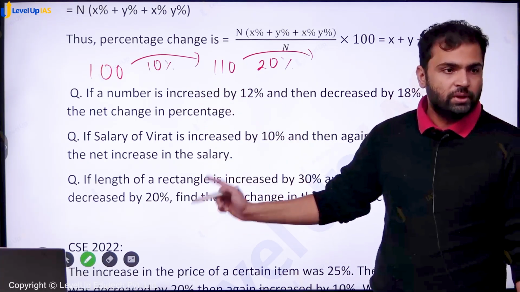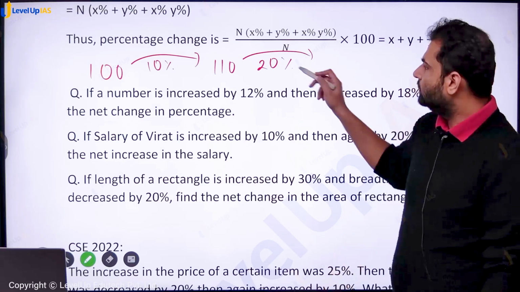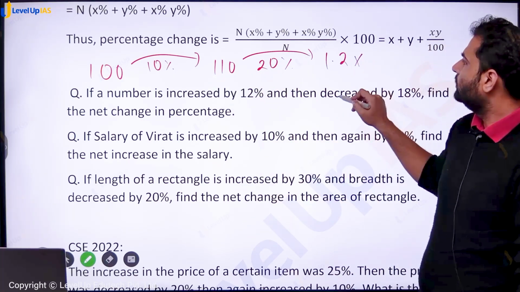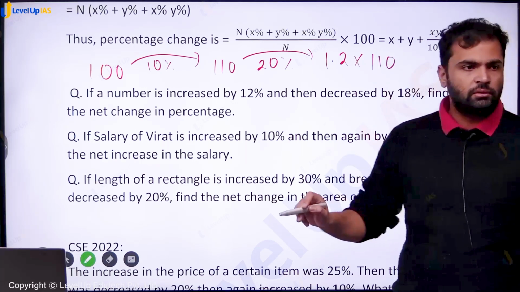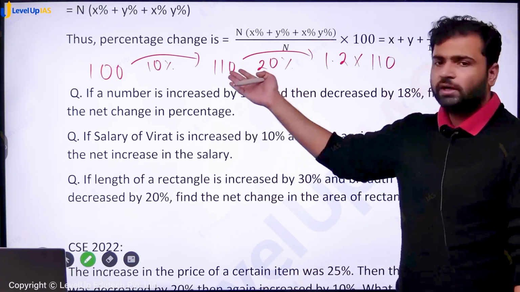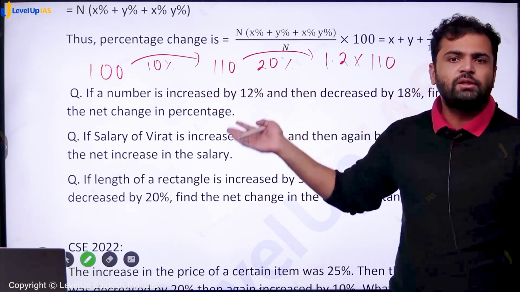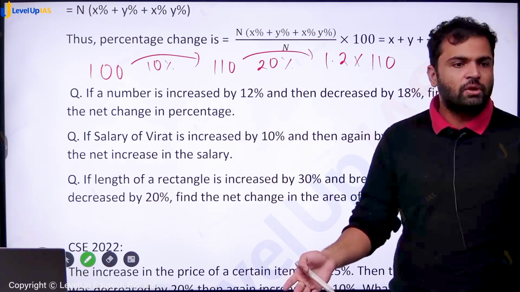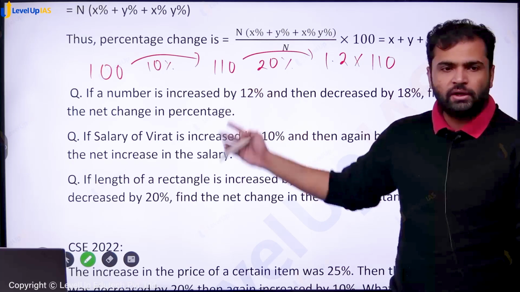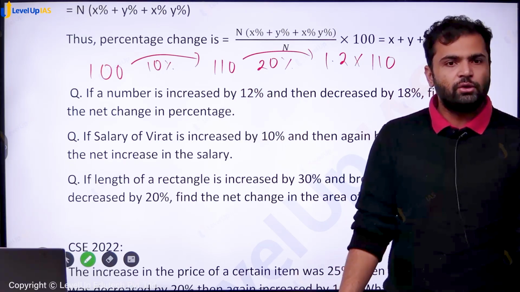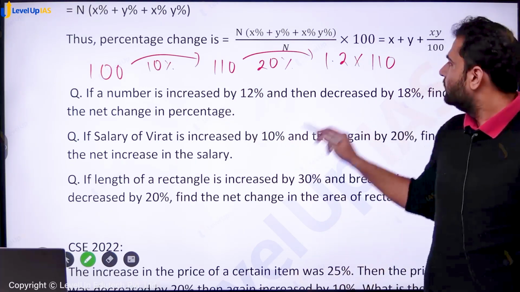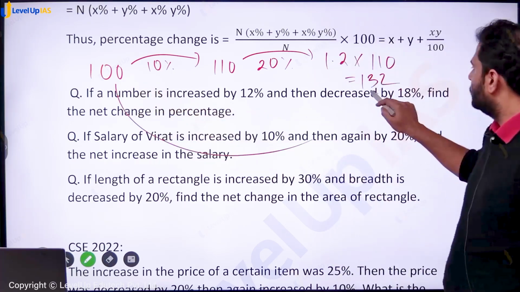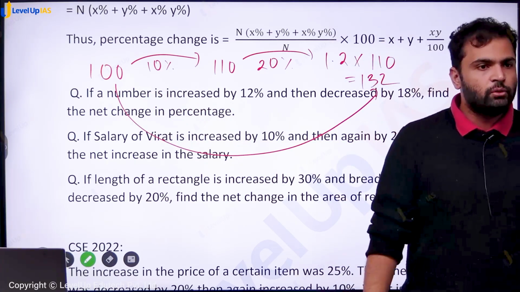So it will be 1.2 into 110, or 20% of 110, you can calculate, because 20% is 1/5. 1/5 of 110, if you remember the tables, 22 fives are 110. So this becomes 132. What is the net change? From 100 you go to 132, so 32% change.